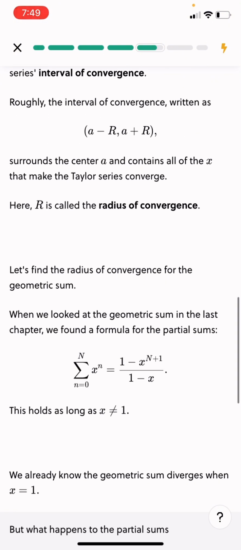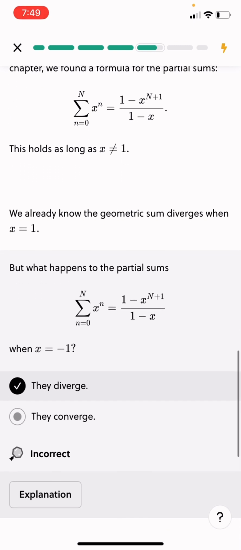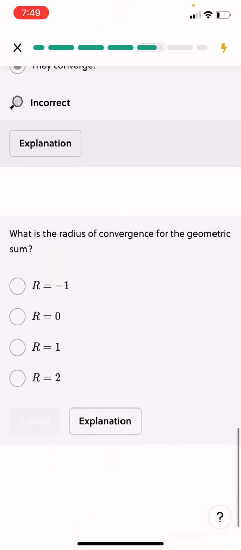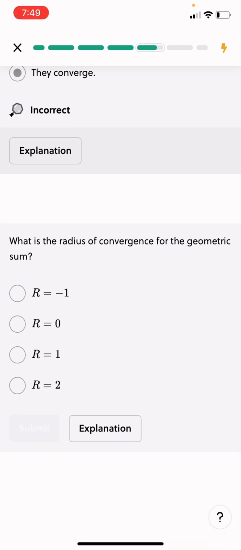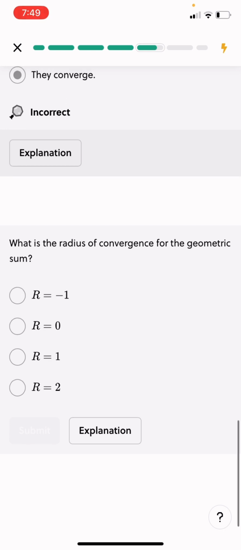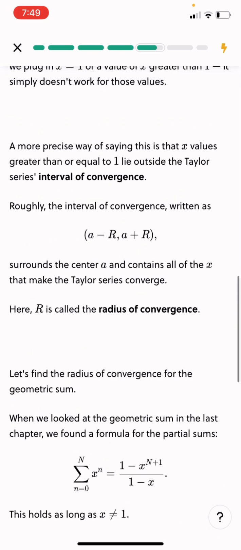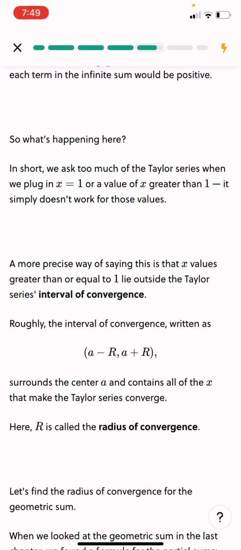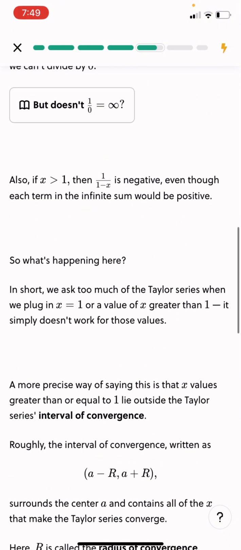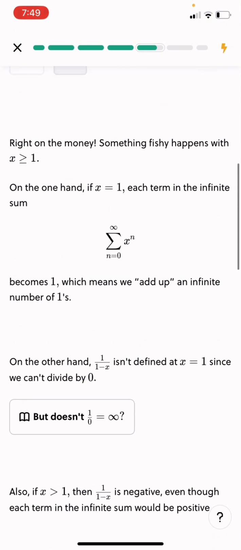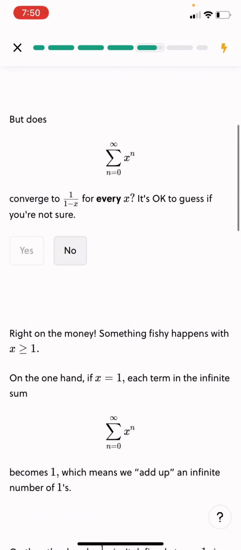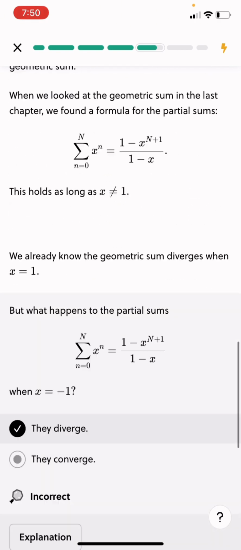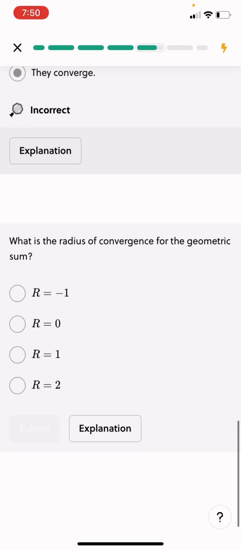I believe it was 0. I mean, not 0, 1. But that may be different for the geometric sum. Let me look at this. It would be negative 1, 0, 1, or 2.